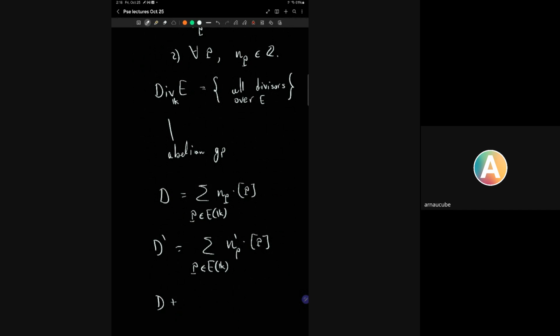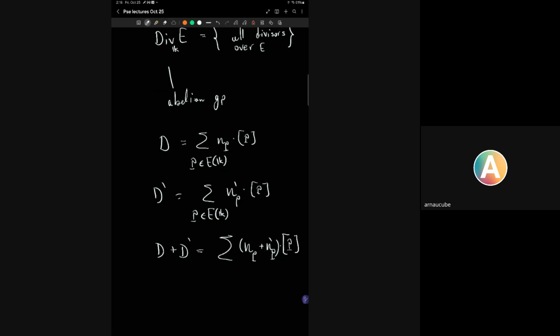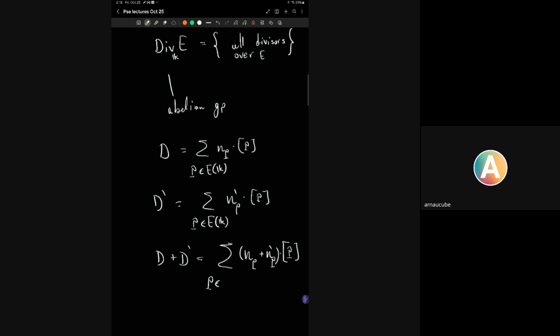D plus D prime is the sum of N_P plus N_P prime at the formal instance bracket P, and I run over all P. This is again a finite sum because each of these is a finite sum.